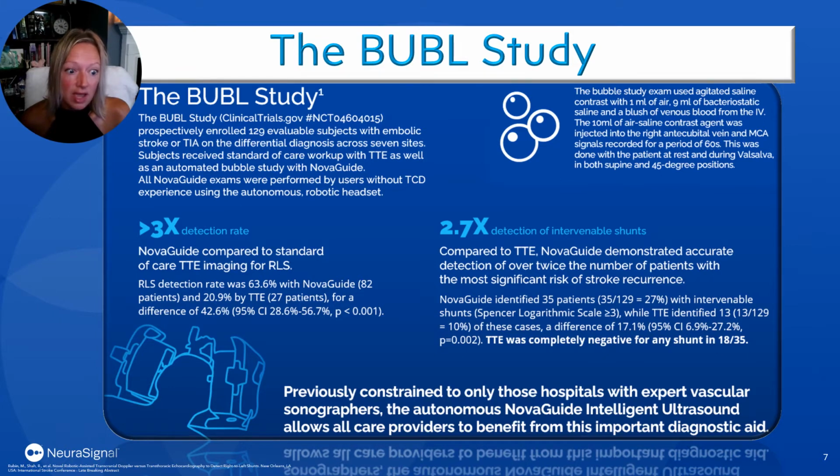So 3 times more patients were identified as having a PFO than were found on standard TTE exams. This led to 2.7 times the detection of intervenable shunts. These patients were able to have treatment for these PFOs to prevent recurrent stroke.